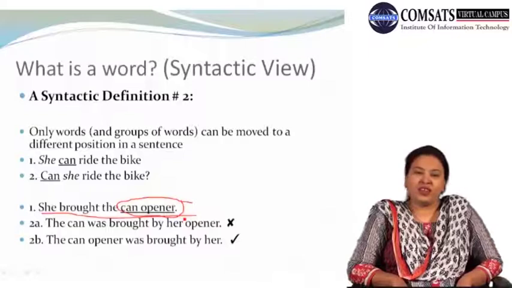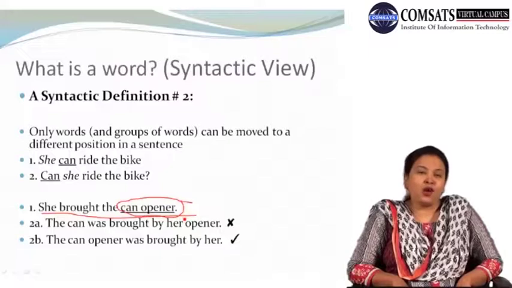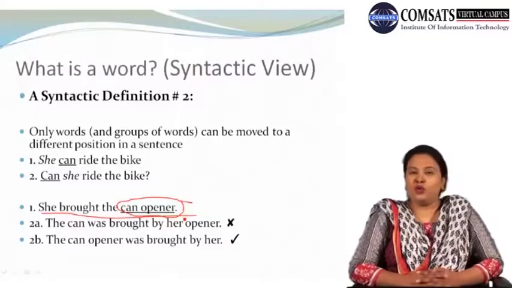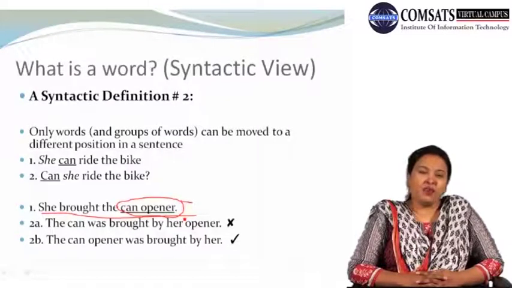If I accept this definition, then the exact movement of the word can opener would be: the can opener was brought by her. Now can opener, according to syntactic definition number 2, is acting as a single word. And as you know, it is a compound noun and a single word.